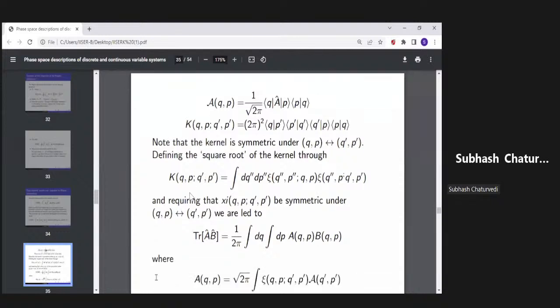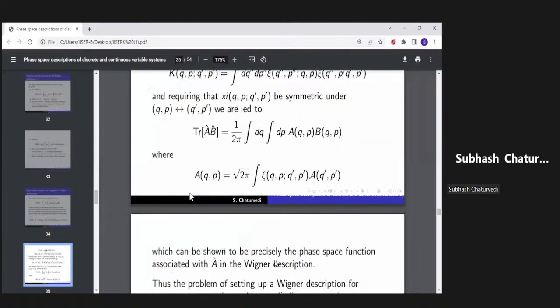Then eventually what we get is that we can write trace AB as a phase space average of functions associated with the operators A and B, and this function is given here.